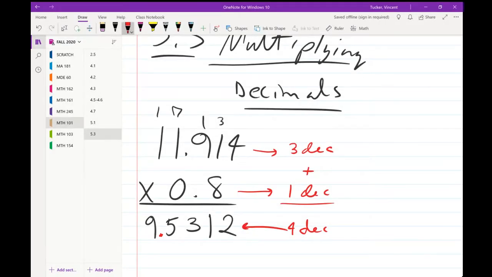And that's your answer. So you multiply with the numbers as if those decimals were not there, then count your decimal places in each number and add them together. That's how many decimal places you should have in your final answer.